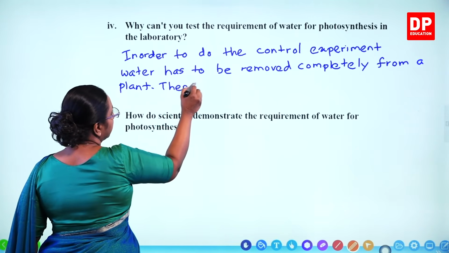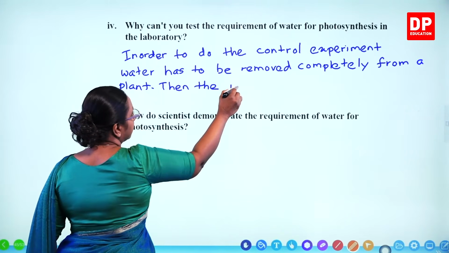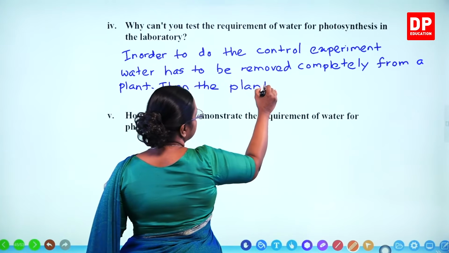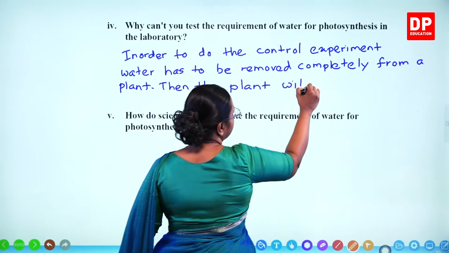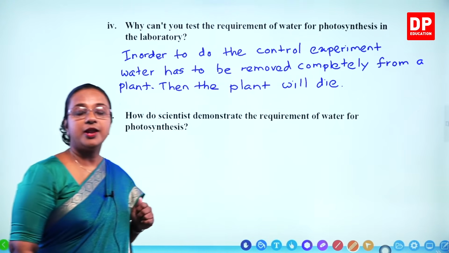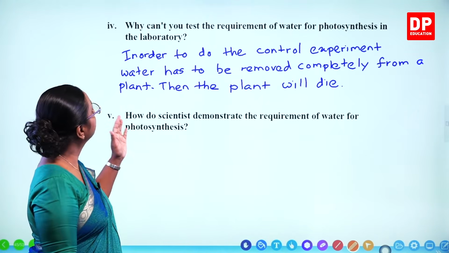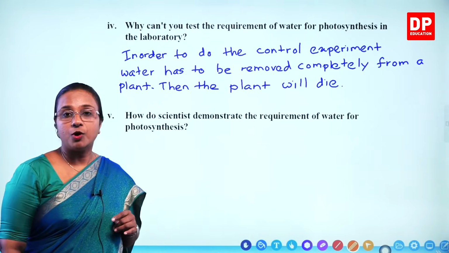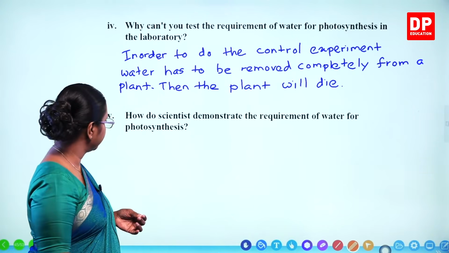Then the plant will die. Therefore, we cannot do an activity to test for the requirement of water for photosynthesis.